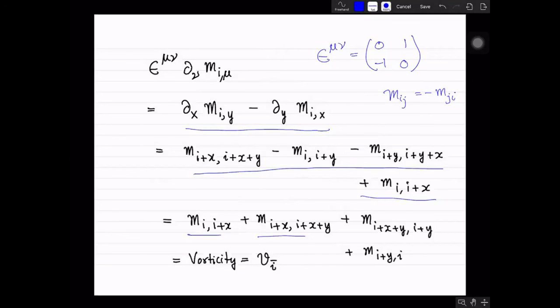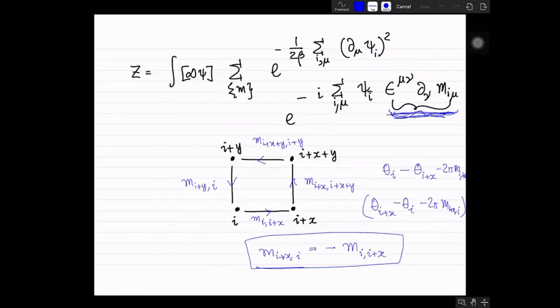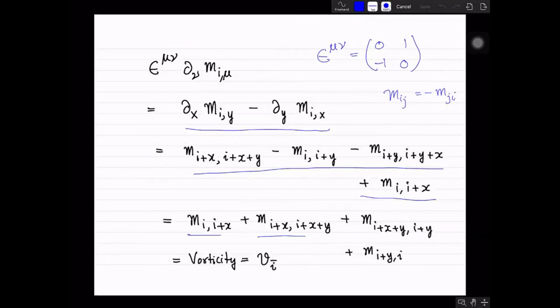I get exactly this: the sum of these things, M i, i plus x, plus i plus x, i plus x plus y, plus i plus x plus y, i plus y, plus i plus y, i.